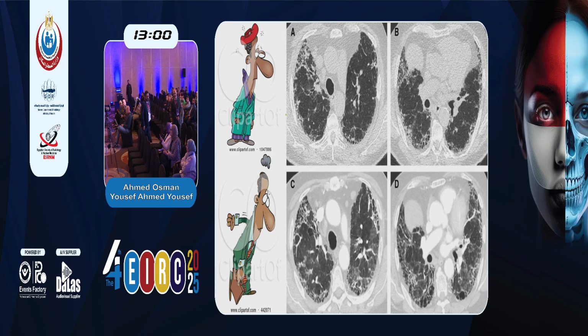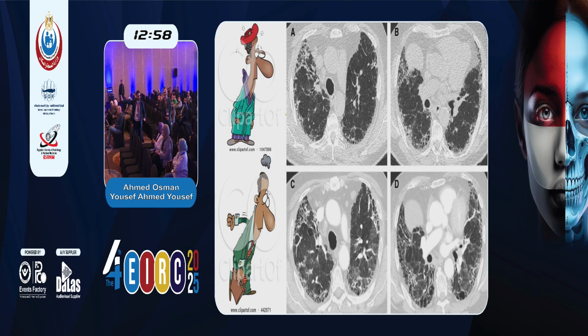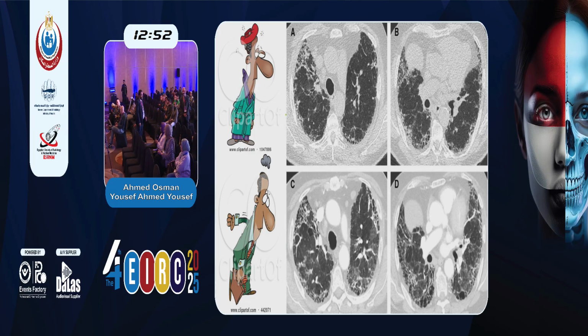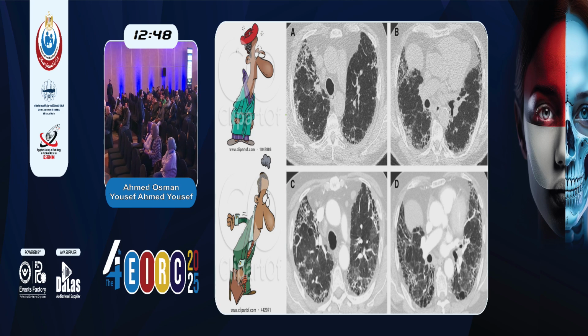No, we have an already established UIP case. In such a case, what is the explanation of ground glass? Any answer?